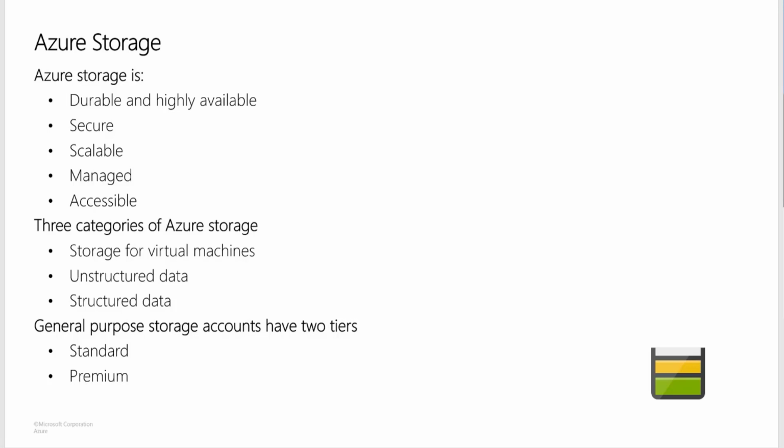Data replicated in this way remains highly available in the event of an unexpected outage. Secondly, secure. All data written to Azure Storage is encrypted by the service. So we already talked about SSE, that's a storage encryption service. Azure Storage provides you with fine-grained control over who has access to your data.